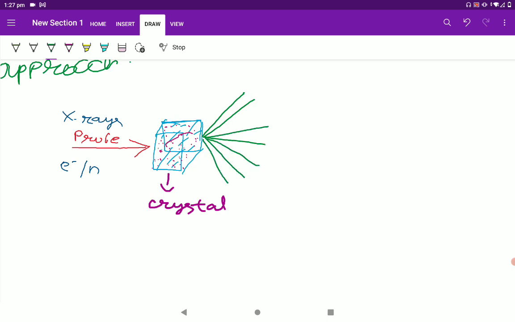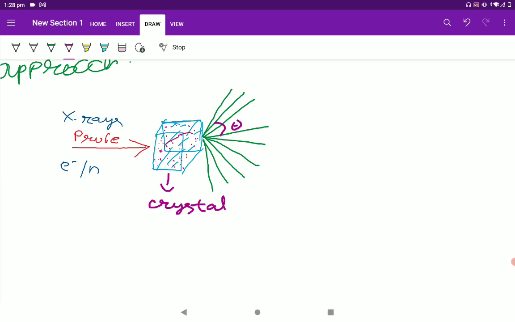So the particle or the wave will be diffused in this fashion at some theta angle from the reference, and in diffraction, at this specific direction we have very high intensity.